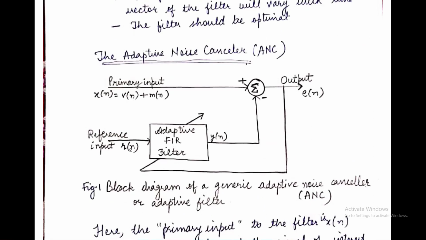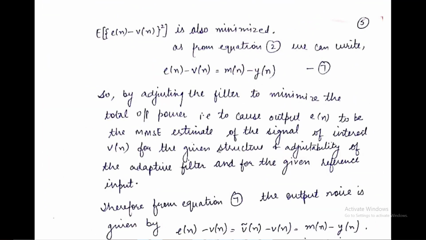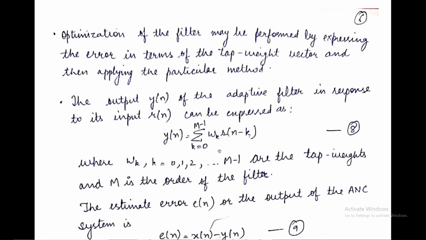The input is the reference input, which we are considering as rn, and the output is yn. For the optimal condition, how can we represent this output yn, considering rn as the input?